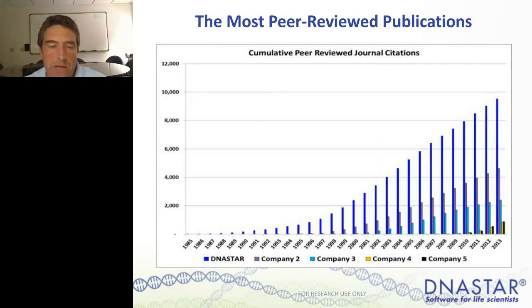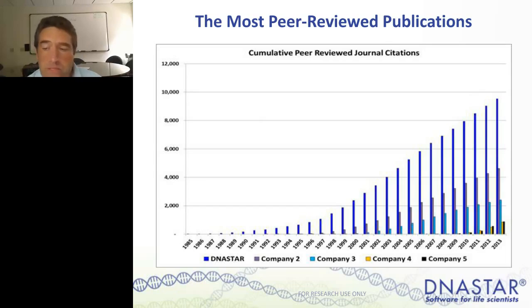Our software, again, we can track it all the way back to 1985. It is research-grade software. It is the most cited bioinformatics software in peer-reviewed publications. You can see as recently as 2013, DNASTAR software is cited more than twice the next nearest competitor.